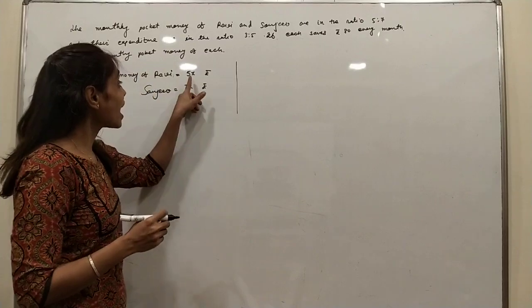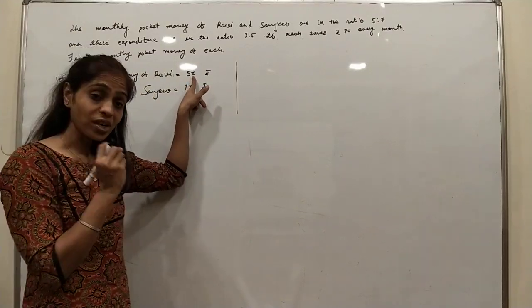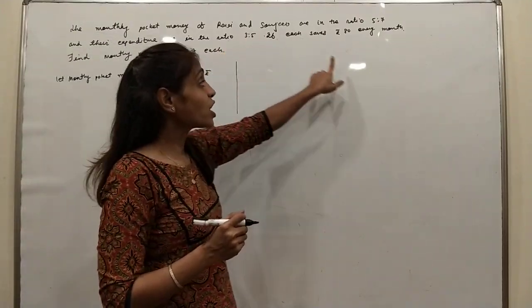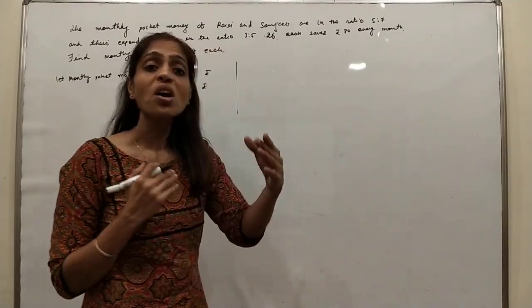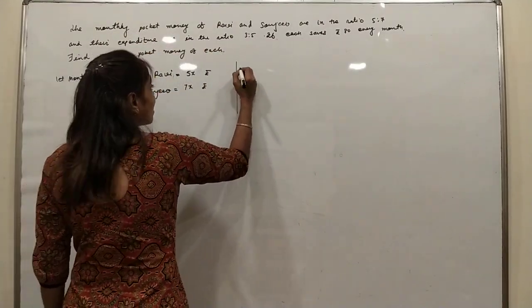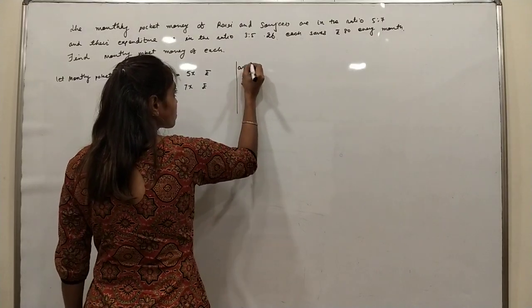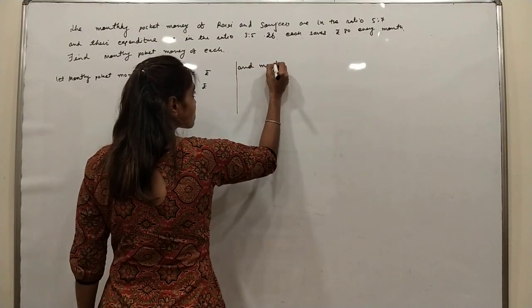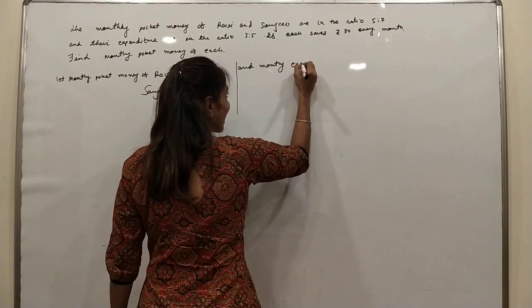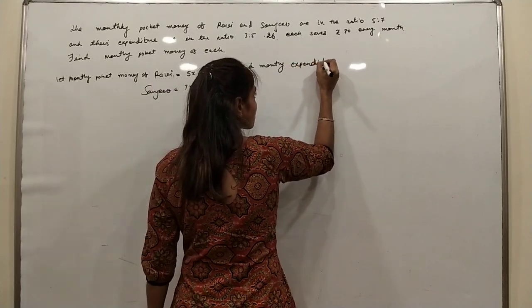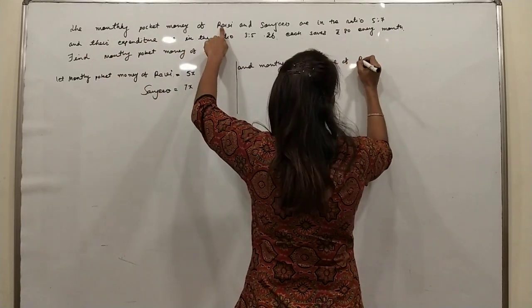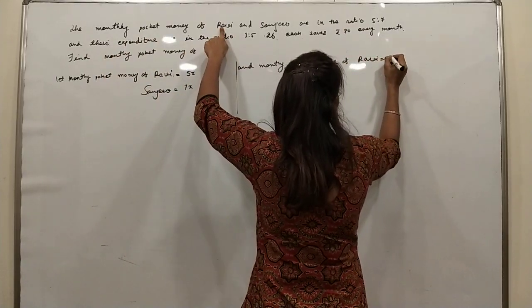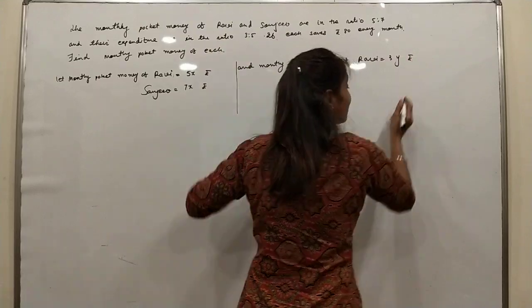Once we used x variable in the first ratio, so in the second ratio we cannot use x further. So now we will use y, and monthly expenditure of Ravi is 3y rupees. Why 3y?